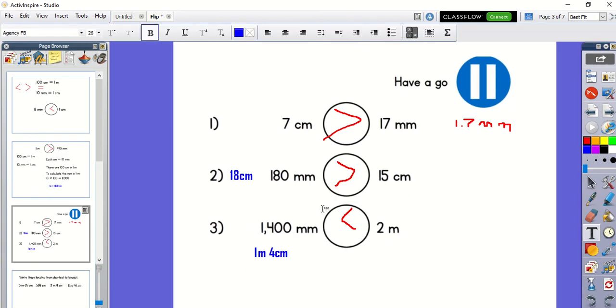Sorry, we've got 40 centimeters there, not 4. So we've got 1 meter 40 centimeters and 2 meters. The 2 meters is bigger. Well done if you got those questions right.